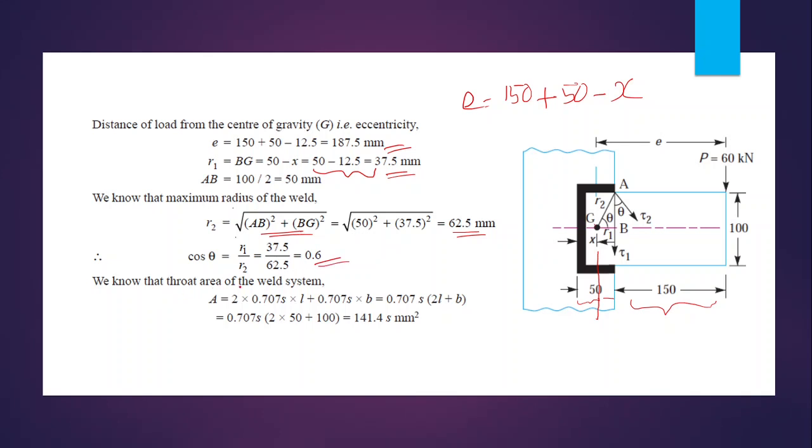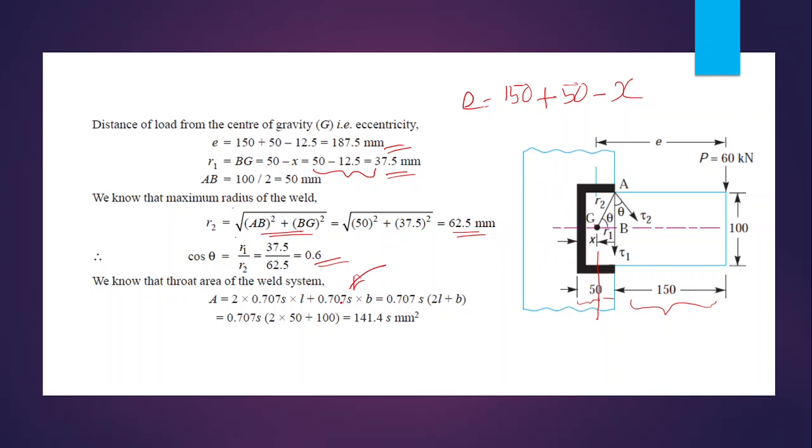Then we know that the throat area is equal to 2 into 0.707 S into L plus 0.707 S into B. That means 2 into 0.707 S into L is the area of the double parallel fillet weld, where L is the length of the parallel fillet weld, plus this particular value 0.707 S into B. B means this distance.